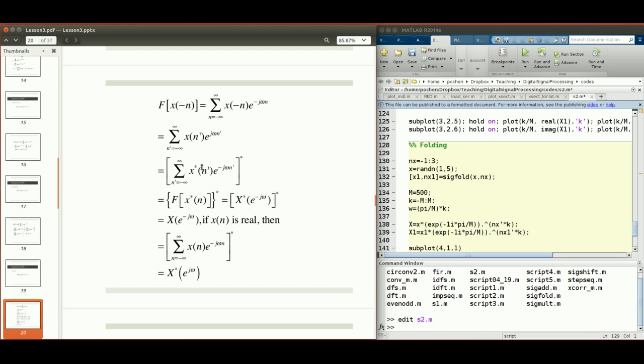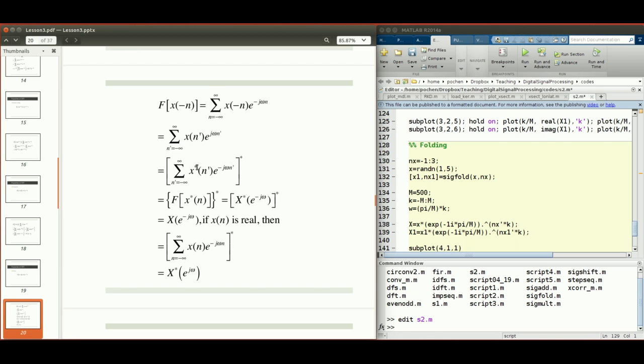Basically, what I have done is that I conjugated the stuff that's inside of this summation, and then I added one more conjugation outside of the summation. So if you carry this conjugation, this star, into the summation and the multiplication, you're going to see that the stuff after this equal sign is actually the same as this thing.